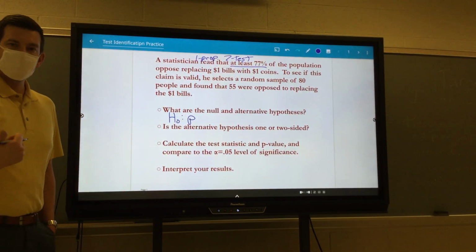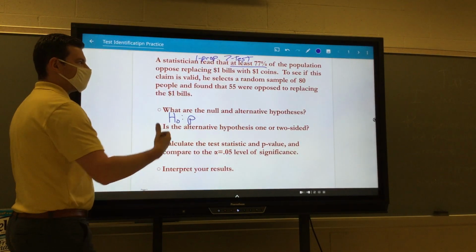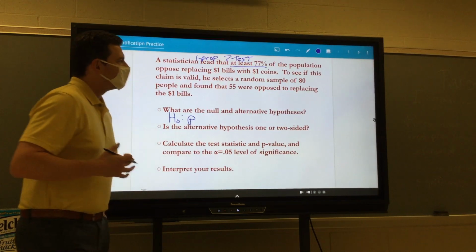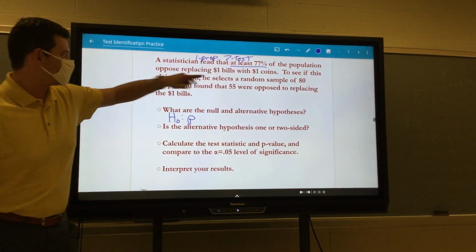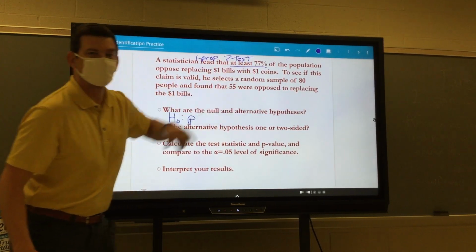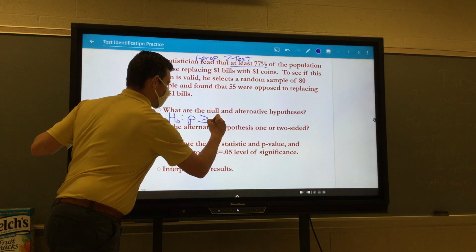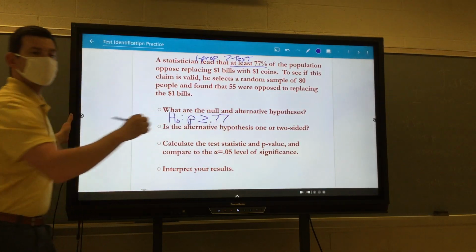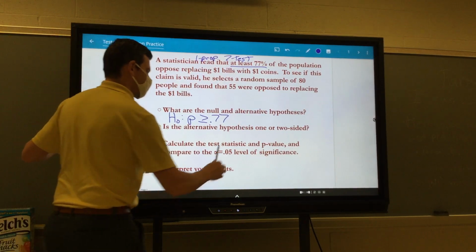The null hypothesis is always a form of equality. Okay, so we could say P equals 0.77. But I'm going to go out further here and say, because it says at least 77%, I'm going to make this greater than or equal to. And this is going to help us with the direction of the alternative hypothesis.